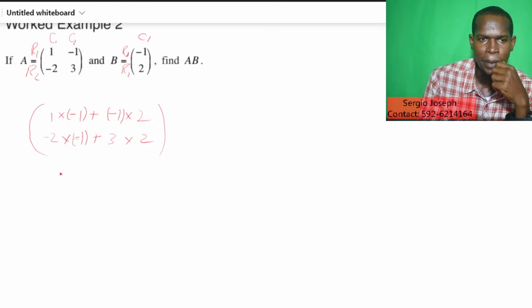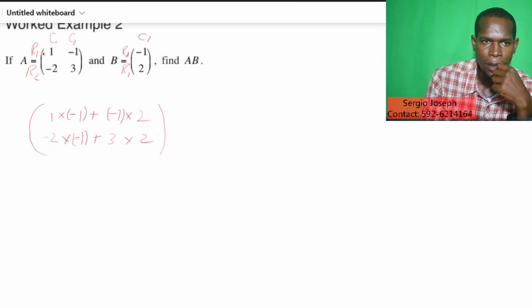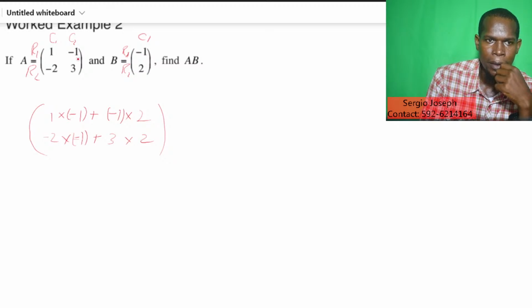So, quickly, let's simplify. 1 times minus 1 plus minus 1 times 2. First row, column finished. Let's go to the next row. Minus 2 times minus 1, and then plus 3 times 2. Second row complete with the column that is available.